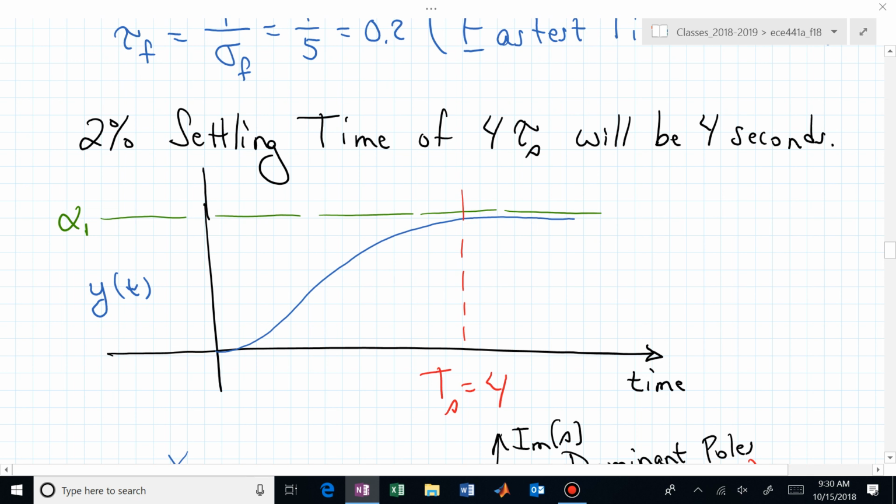And you're approaching alpha 1. So you're roughly at alpha 1 after an infinite amount of time, and in this case, what's an infinite amount of time? 4 tau, if you're worried about getting to within 2% of where you will end up.